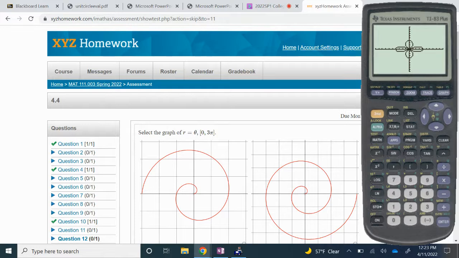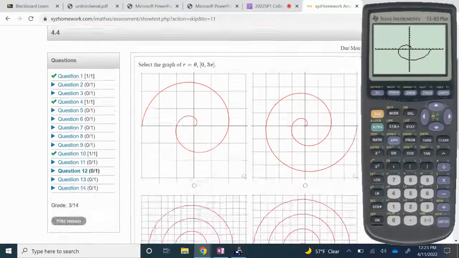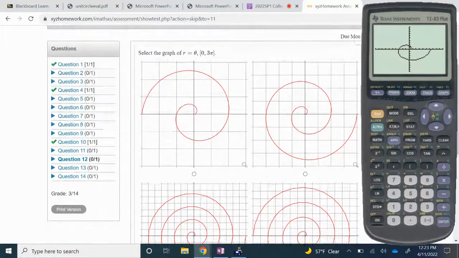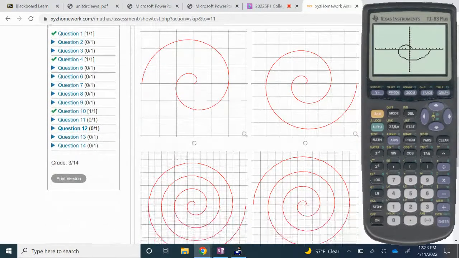So if I were to just graph r equals theta, I'm going to go into y equals, clear that out, go into r equals theta, and graph. All right, so notice that is not one of my answer choices. And here is the reason why.